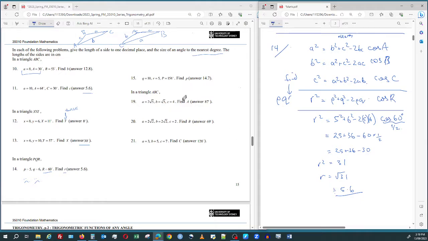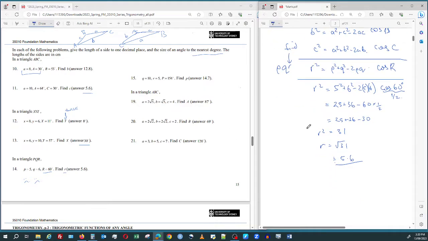All right. What about 15? PRQ again. Oh dear, oh dear. So we'll do 15. We don't need to be too worried. Find P this time.